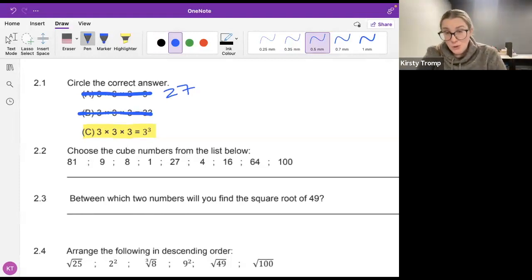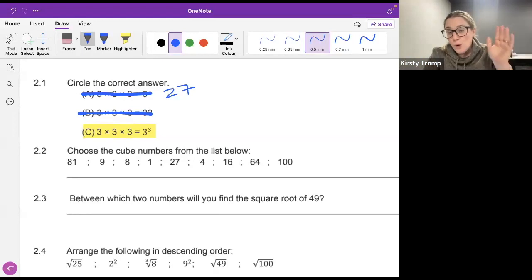Now I know that when we did this in class, and for those of you who are new and maybe missed our exponents section, I said to you guys the best way to learn your cube numbers and your square numbers is to do those tables that we drew. If you're not sure, go back. Mr. Hugo has put the link there for you to find the YouTube lessons, the previous lessons.